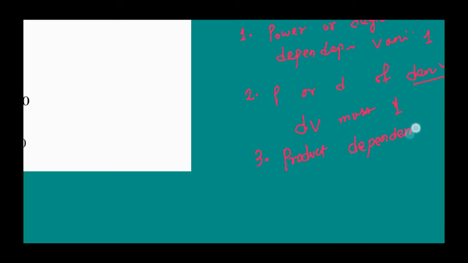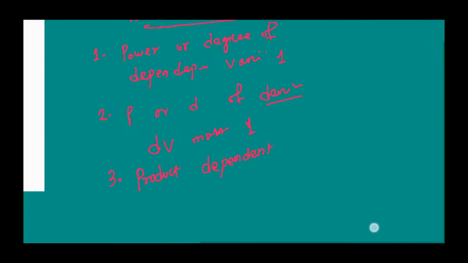And fourth one is transcendental function should not be a function of dependent variable.